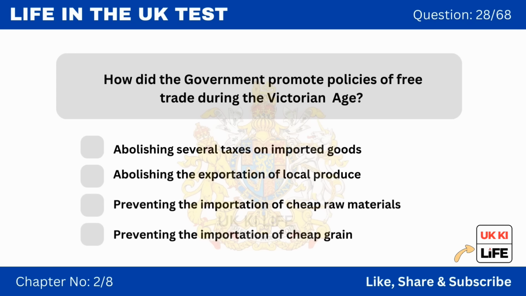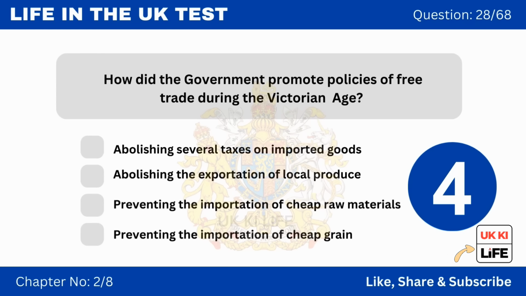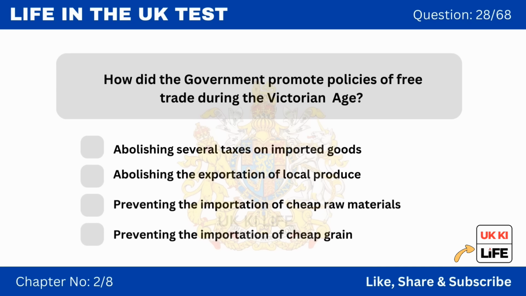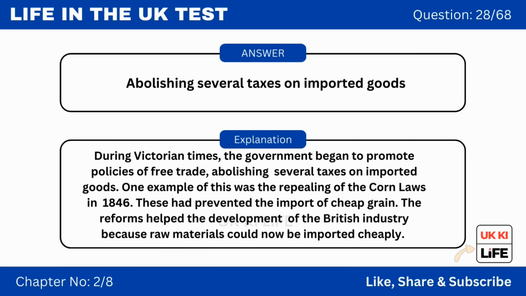Abolishing several taxes on imported goods, abolishing the exportation of local produce, preventing the importation of cheap raw materials, preventing the importation of cheap grain. The correct option is A. Explanation.